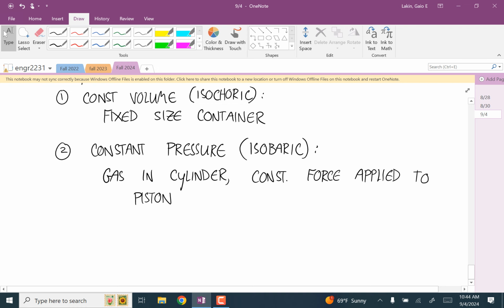So gases want to maintain a constant pressure? I guess that is true. If they're in contact with each other, they want to equalize the pressure. The high pressure gas will leak into the low pressure gas until they all share the same pressure.